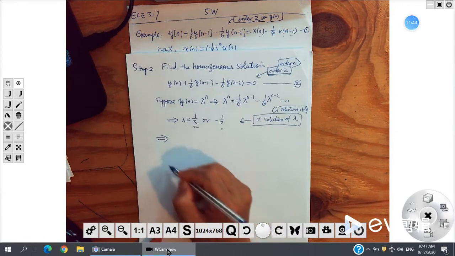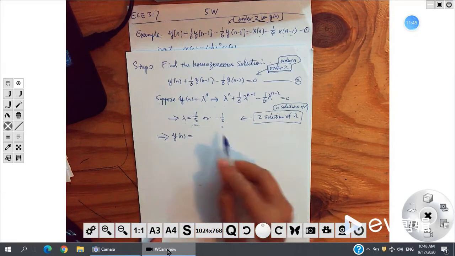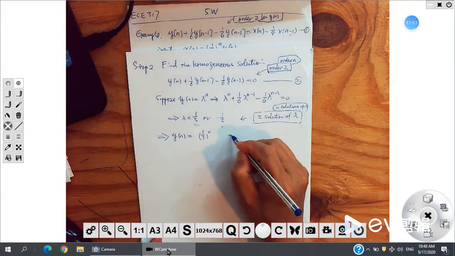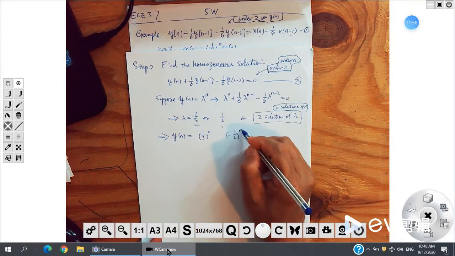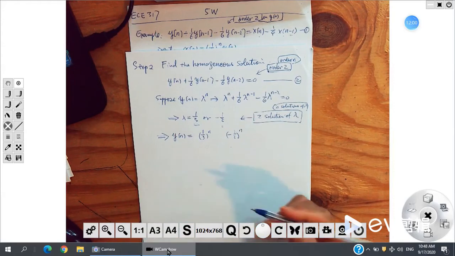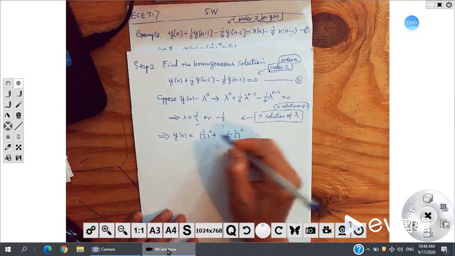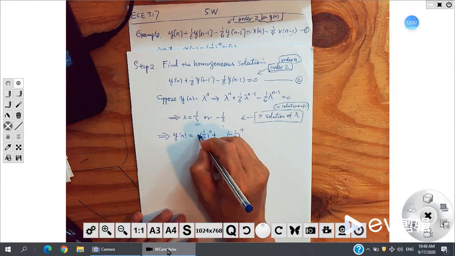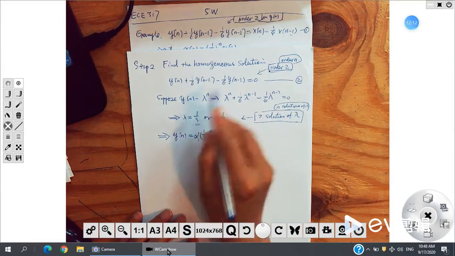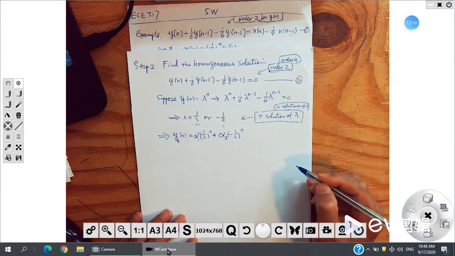Then we know y of n can equal to 1/3 to the n, or negative 1/2 to the n. It can be either one. And as the system is linear, you just add them together, and each one times a coefficient alpha 1, alpha 2, they will be the solution. And I gave a name, homogeneous solution, YH.